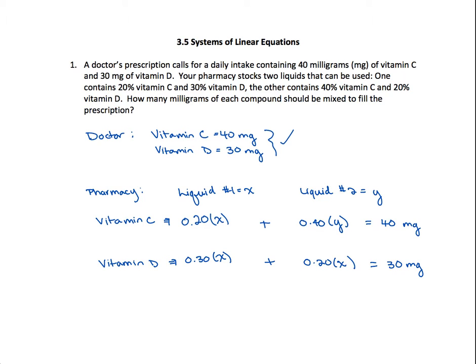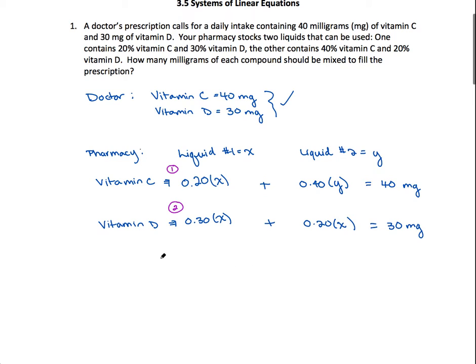So notice we have 2 equations. My first equation represents how much I will mix of both liquids to get 40 milligrams of vitamin C. My second equation represents how many milligrams of each liquid I will mix to get 30 milligrams of vitamin D. So now we have a system of linear equations.